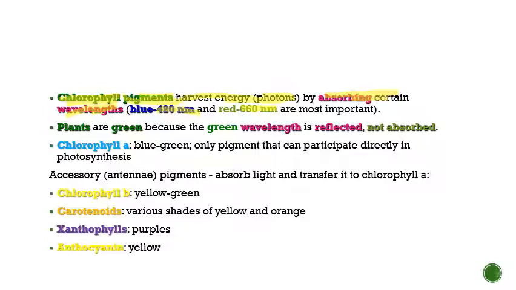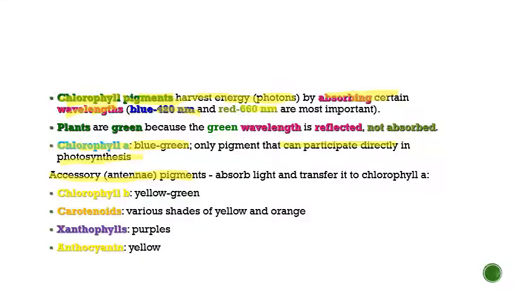And these pigments are of many types. The first, major and most important pigment is chlorophyll A, which is responsible for the blue to green wavelengths, and this is the only pigment that can participate directly in photosynthesis. There are other pigments besides chlorophyll A that are called accessory pigments or antennae pigments.